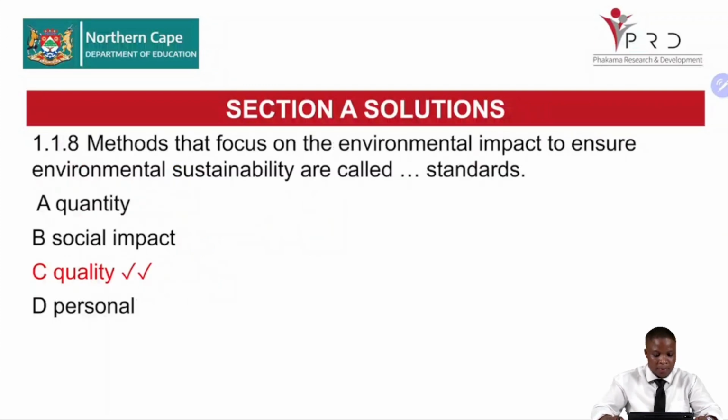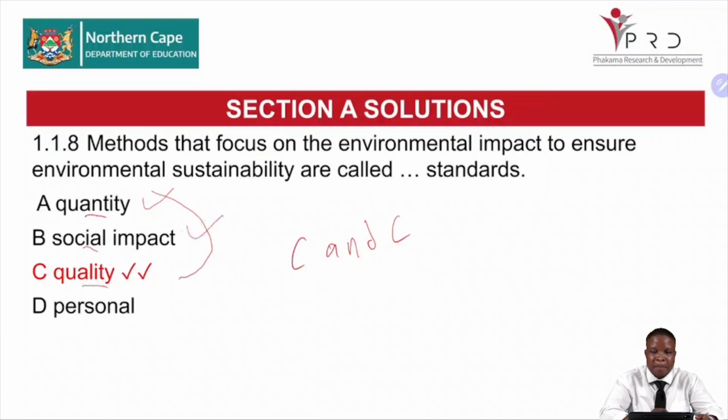Let's look at the last one. Methods that focus on environmental impact to ensure environmental sustainability are called what? So under environmental sustainability, we have what we call command and control, C&C. Under command and control, you have the quantity standard, the quality standard, and the social impact standard. So we have these three standards, and they are focusing on different things, right? The quantity looks at how much pollution you are creating.